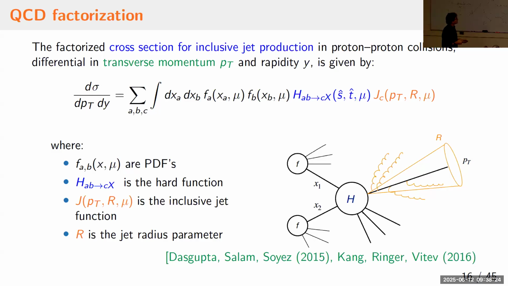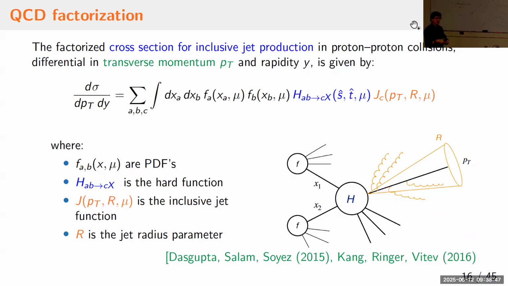However, when R is small, a resummation of large logarithms of the scales pT R may be required here. So there's also technology here in terms of resumming to all orders this type of branching processes that make up the jet that lead to the definition of this jet function.